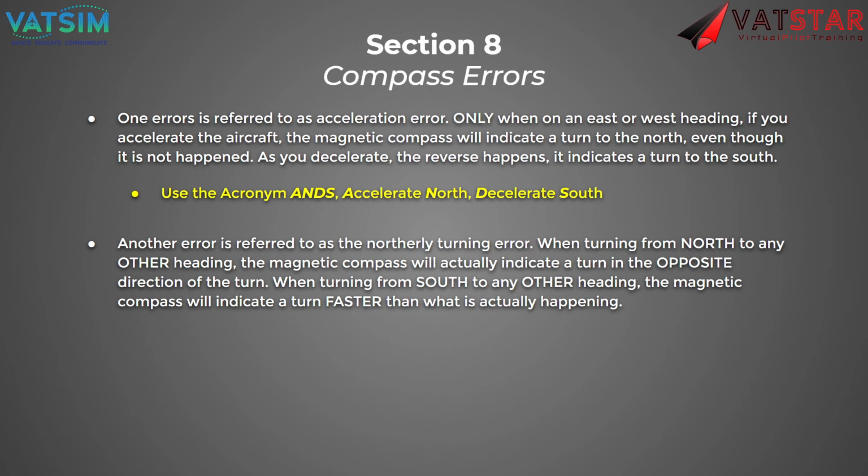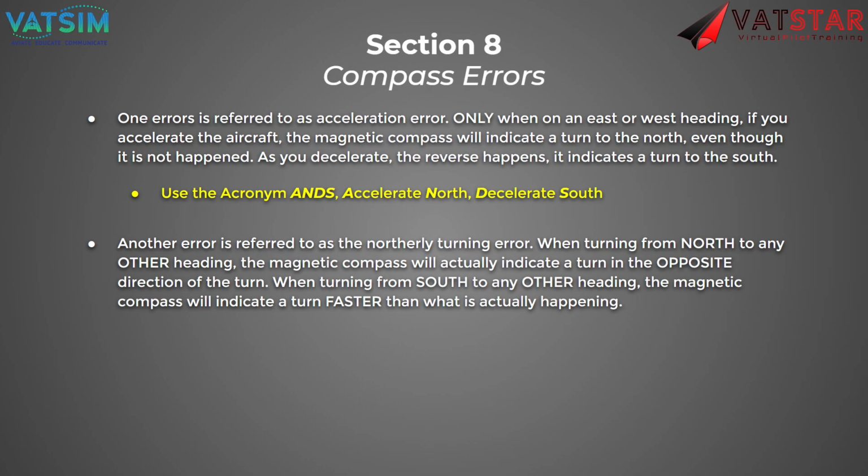If you turn to any other heading from north, the compass will actually indicate a turn in the opposite direction. So if you make a left turn from north, let's say you're flying 360 and you turn left to 270, it'll actually initially indicate that you're turning right to like 010 or 020. It kind of screws with people's heads that the compass does this, but it's just one of the errors because of the way a compass is designed.